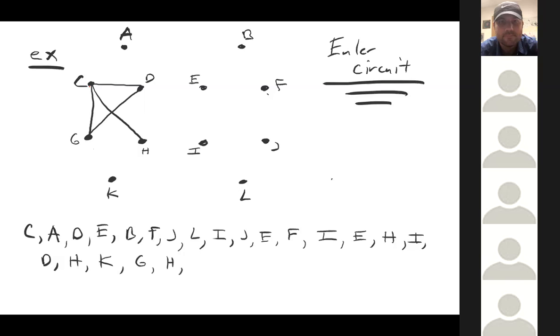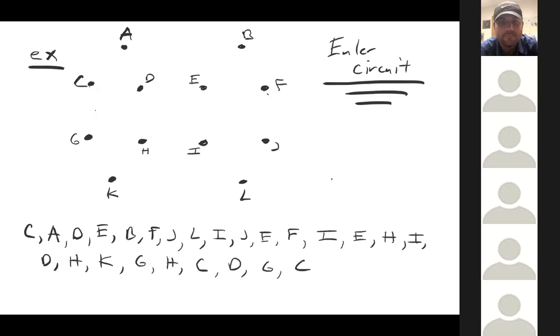And then from H, I'll go to C. And then from C, I'll go to D. And then from D, I'll go to G. And then from G, I'll go back to C.